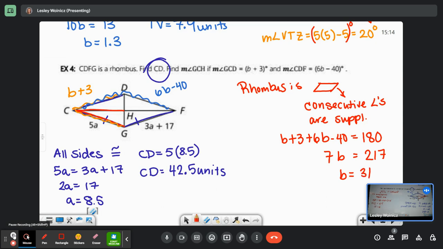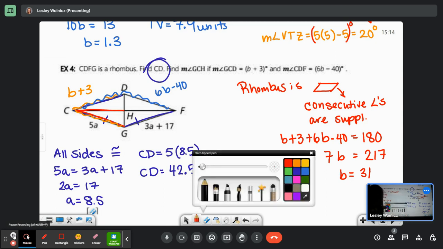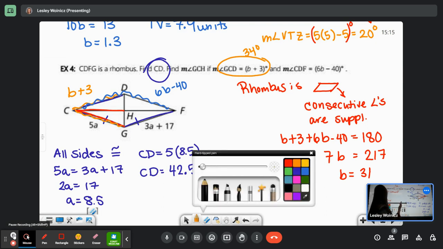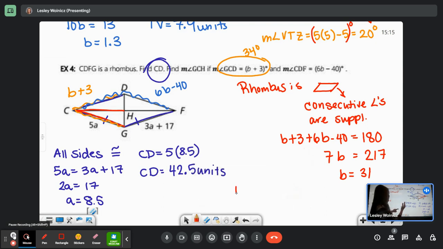So now I can add 3 to it. This one ends up being 34 degrees, and then we chop that in half. So the measure of angle GCH is half of 34, which is 17 degrees.